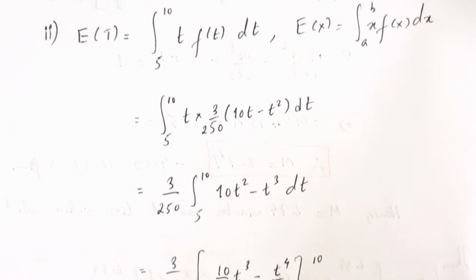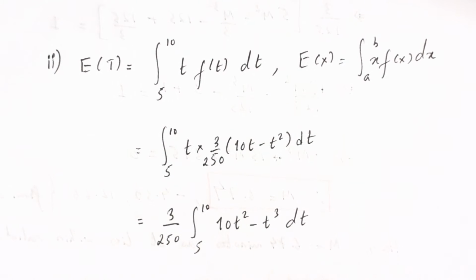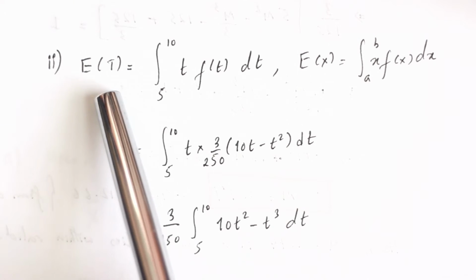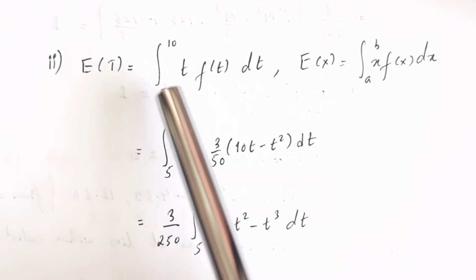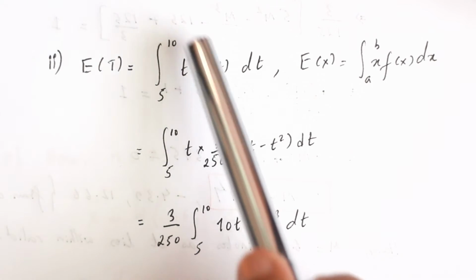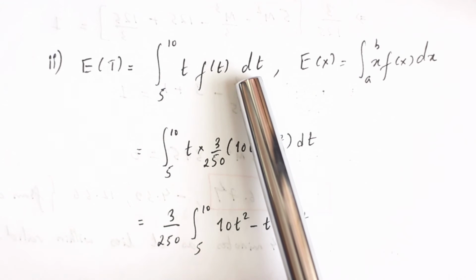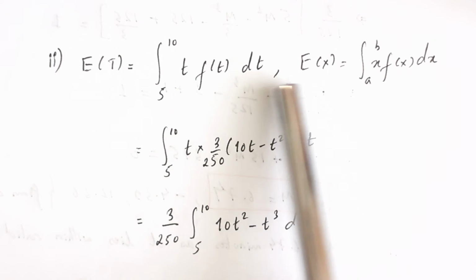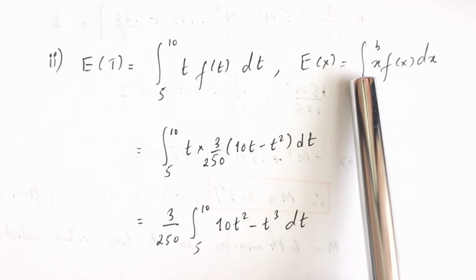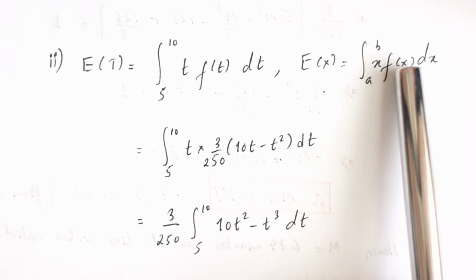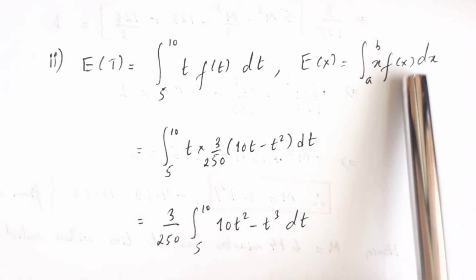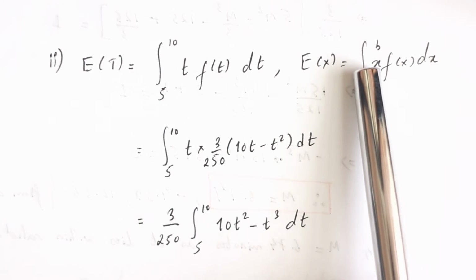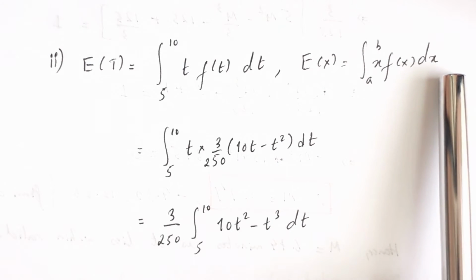In the second question, you're simply asked to find the mean. So expectation of time basically means the integration from 5 to 10 of t f(t) dt. Again, it's the definition. To find the expectation value, you multiply by x, f(x) dx. f(x) is already here, so if you multiply by x, you get the mean.